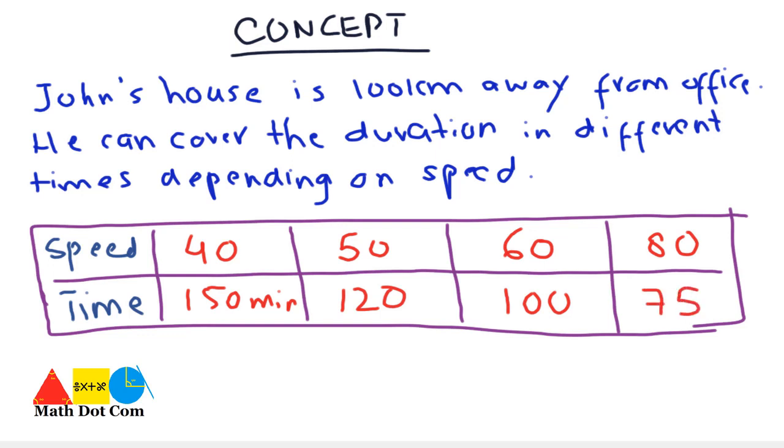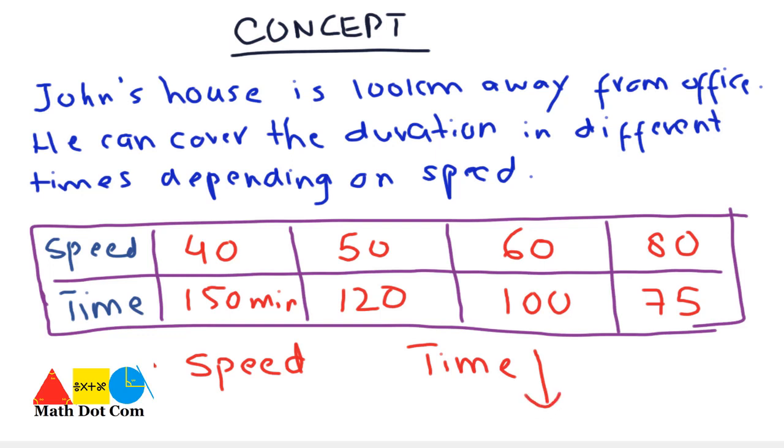Currently, you need not see how these things are calculated. You just check their relationship. Here it is clear that by increasing the speed, the time is decreasing.